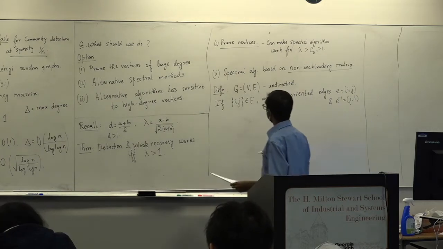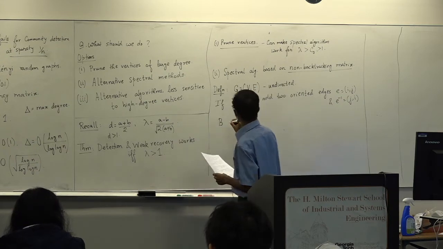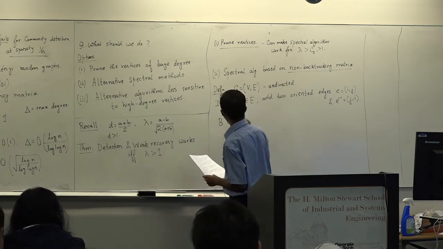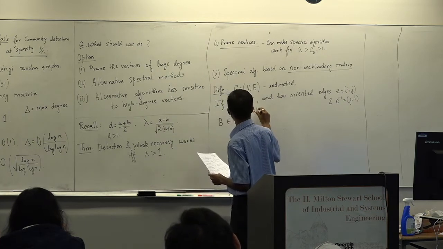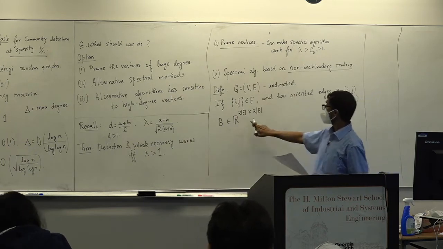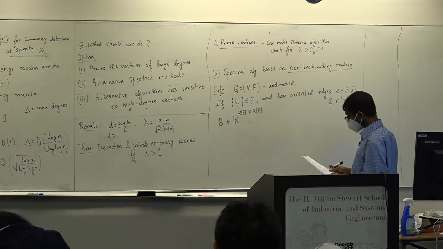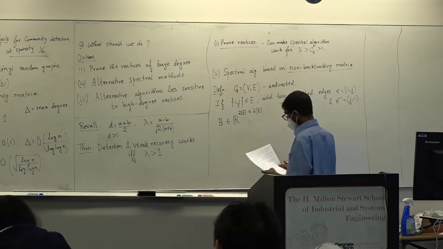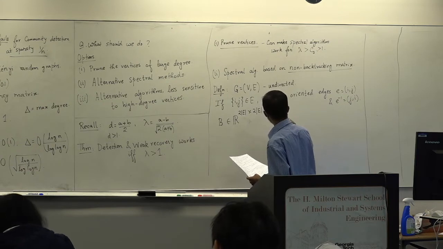And now I will construct a matrix B, which is actually indexed by the directed edges. So it has size 2 times the number of undirected edges. That's the size of this matrix. It's a square matrix. And the entries are indexed by the directed edges, right?